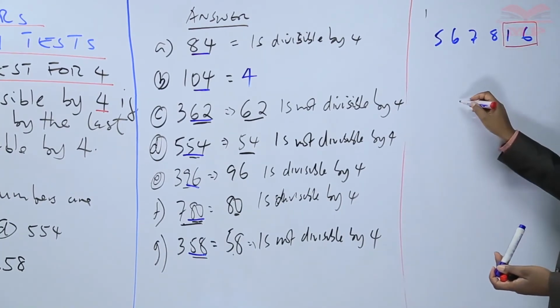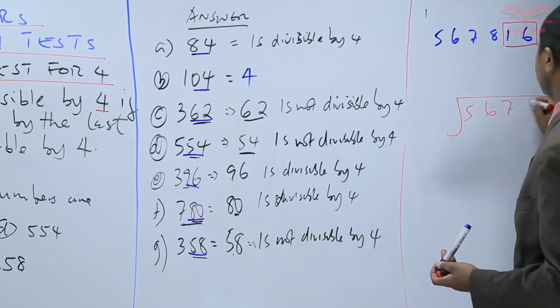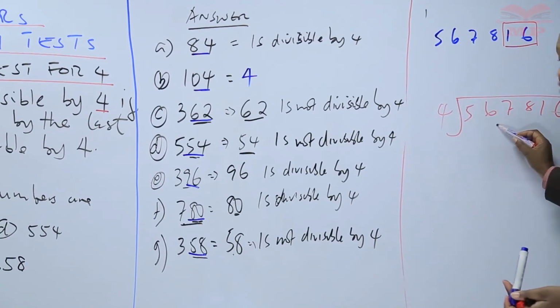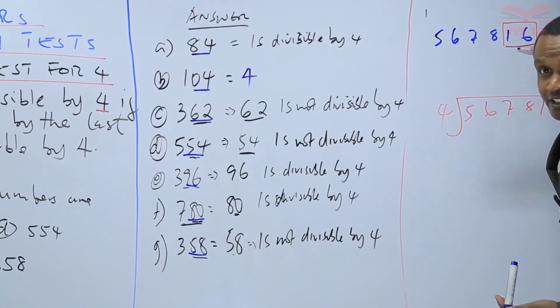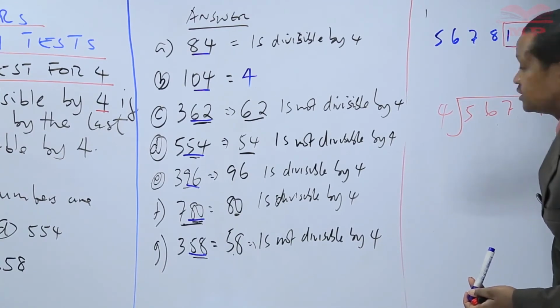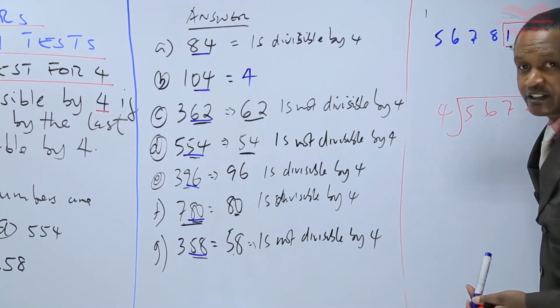So instead of dividing the whole of this number, 567,816, by 4, you only look at the last 2 digits. The number formed by the last 2 digits is number 16.